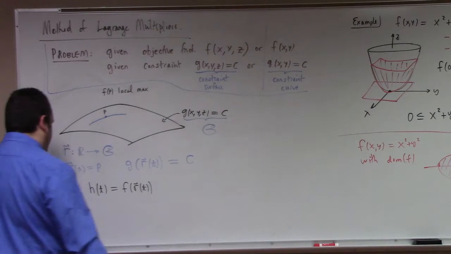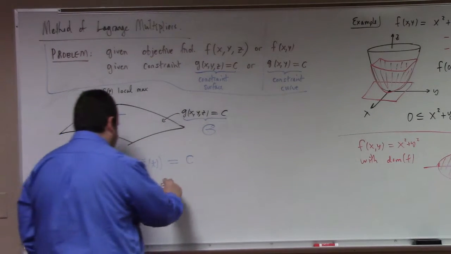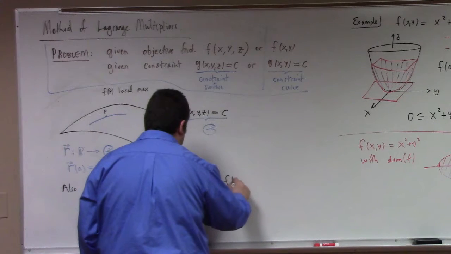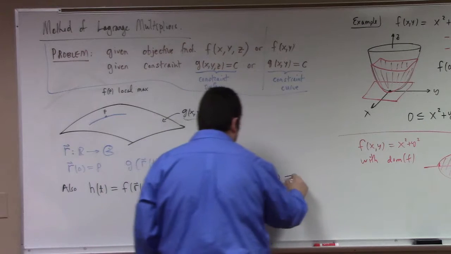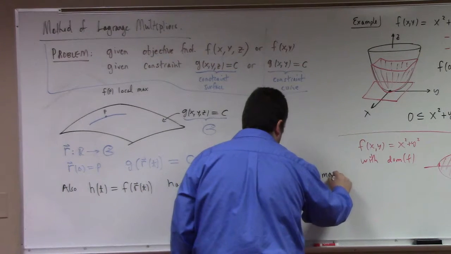I can think about taking that same path and evaluating the objective function along the path. And what should we be able to say about h of 0? H of 0 is f of r of 0, which is by construction f of p, which is a local max in my current discussion.